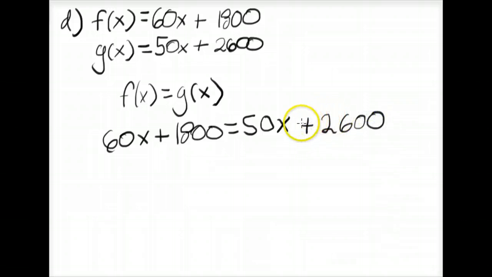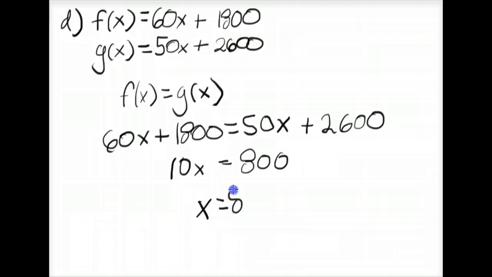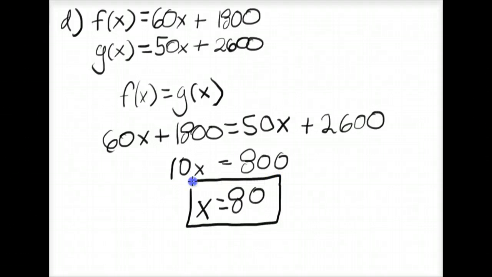So to do this, we're just going to move the 50x over along with the 1800 over, and we'll get 10x equals 800. And then dividing by 10, we get x equals 80. So what this means is at 80 months from the original purchase, you will have paid the same amount for both units.